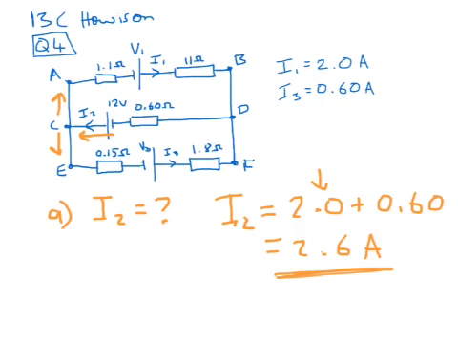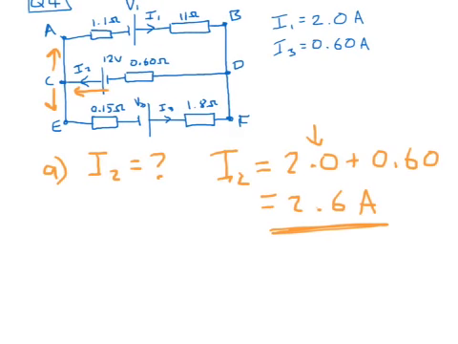Okay, and then B, we're asked to write up a voltage equation using Kirchhoff's voltage law for loop A, B, D, C, A. So if we start at A, we're going in the direction of the current, so there is a voltage drop across the 1.1 ohm.